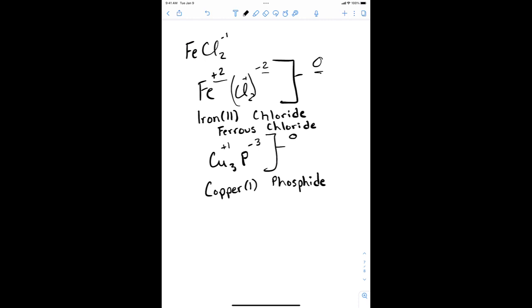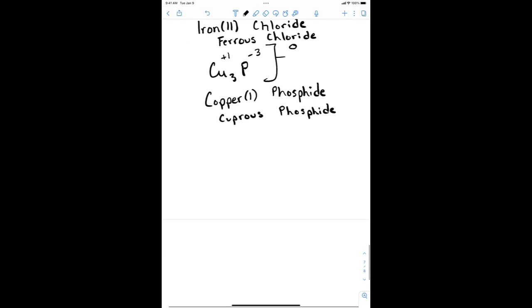If we're looking at the common name for our copper 1 phosphide, we know that copper can have a +1 or a +2 charge. This is copper 1, which is the lower, and so we're going to call this cuprous phosphide. Notice that that anion name just stays the same.